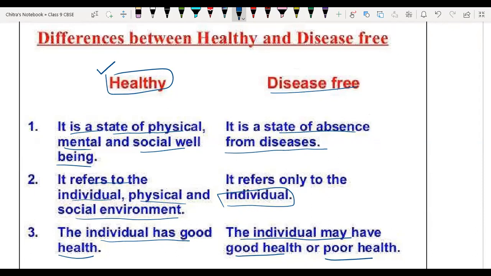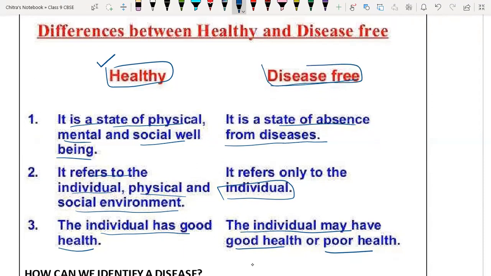Only by being disease free, we can't say that person is healthy. That's why being healthy is more important than being disease free. So just take a screenshot of the difference.